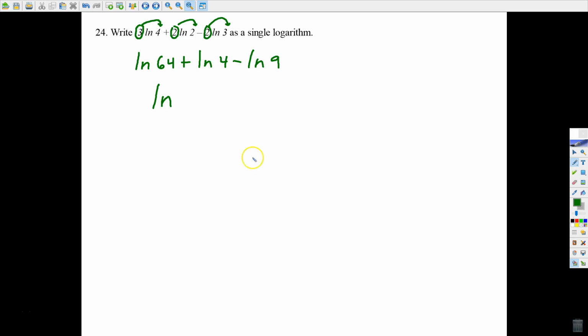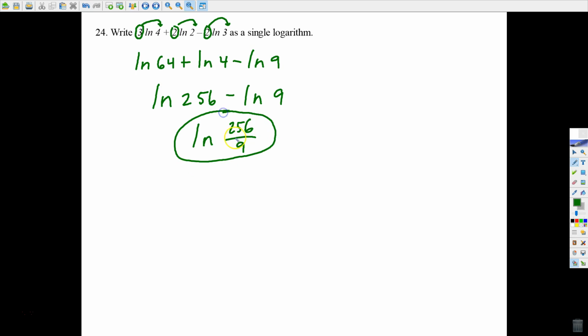And 64 times 4 is 256. Two logs that are being subtracted can be written as a single log using division. And 256 divided by 9. And that's as far as we need to go. We can't reduce this. And we did as the instructions asked. We wrote it as a single logarithm.